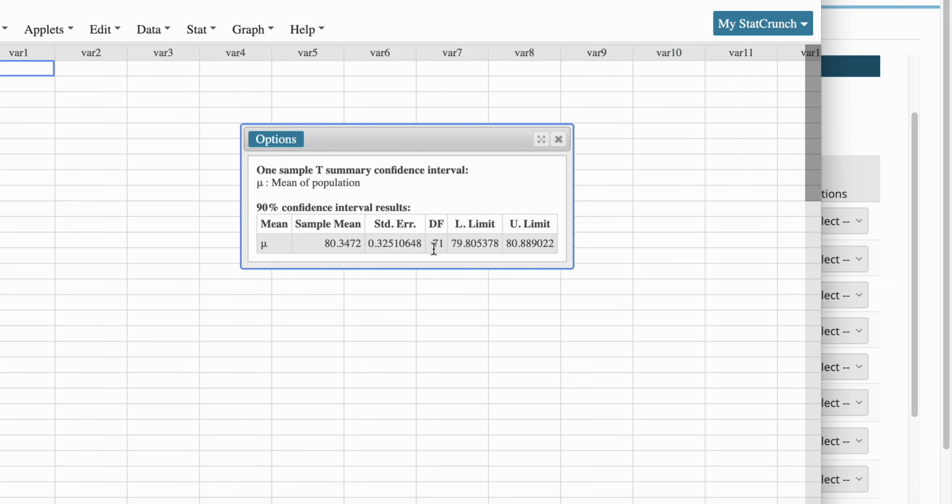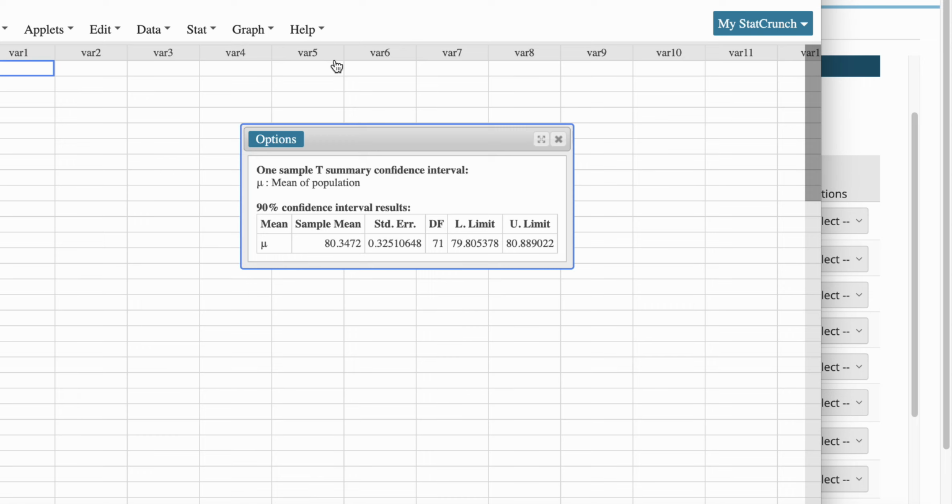This degrees of freedom has to do with the t-distribution: the degrees of freedom are always 1 less than the sample size. They give you the standard error, and we can talk about that later, and they give you the sample mean, which we entered.